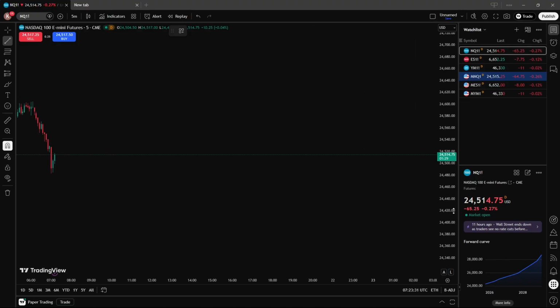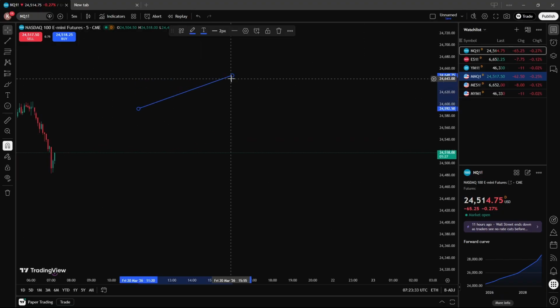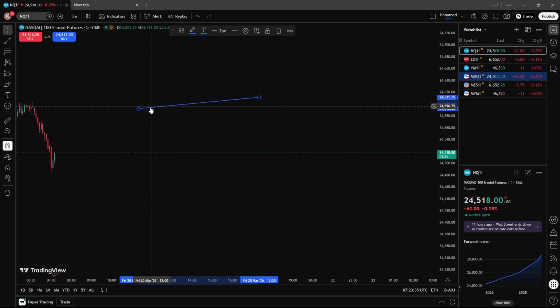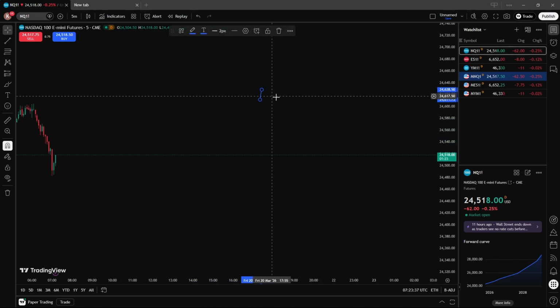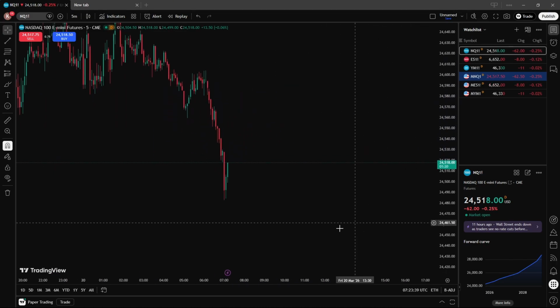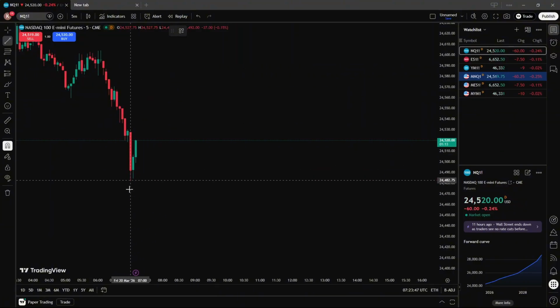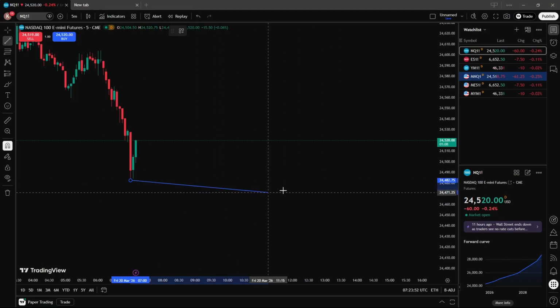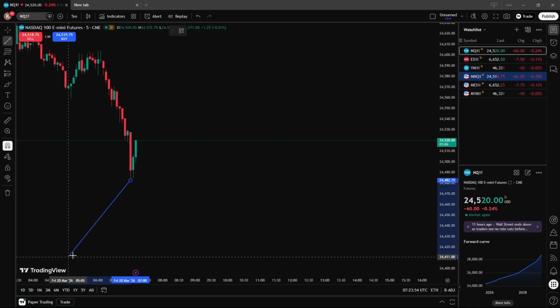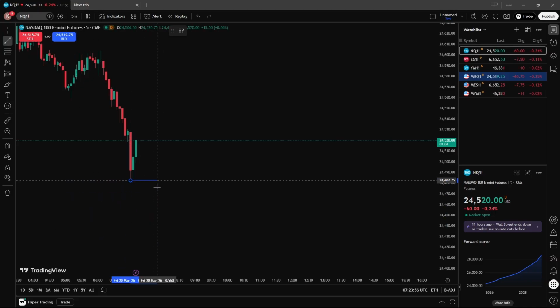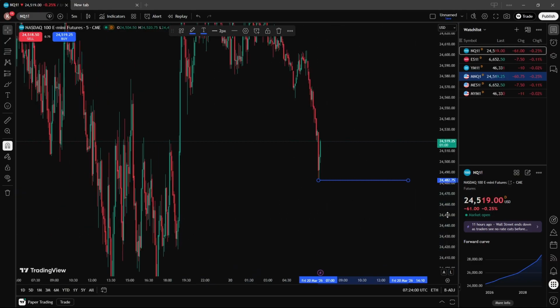So let's say I have a line here. If I have nothing near it, I can just freely put it wherever I want. But if I want to highlight this low, the magnet attracts my drawing to the low, and then I can draw. If you want to draw a straight line, you have to hold shift down, by the way, so that you drag it out. See, it can be like that.